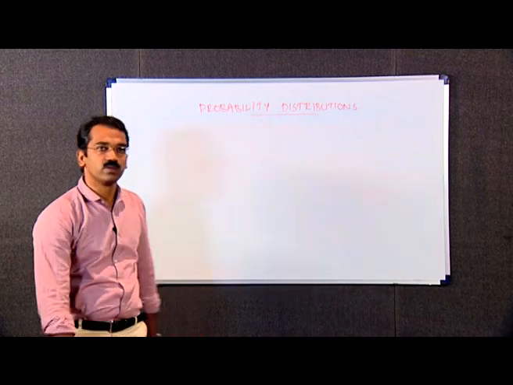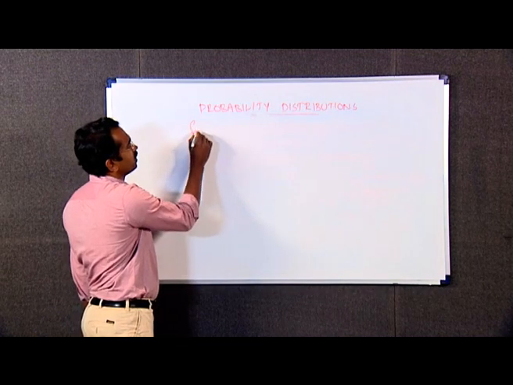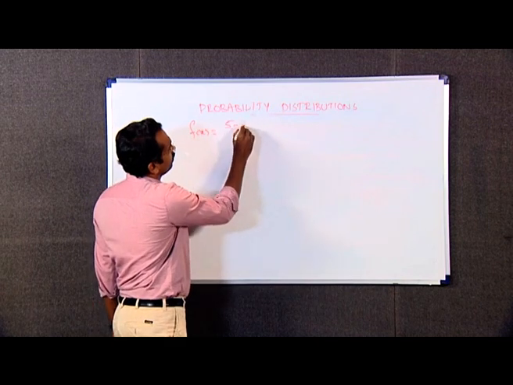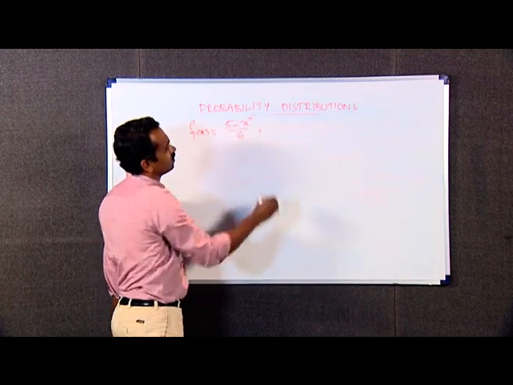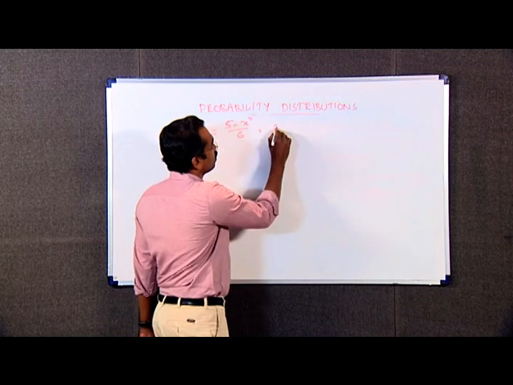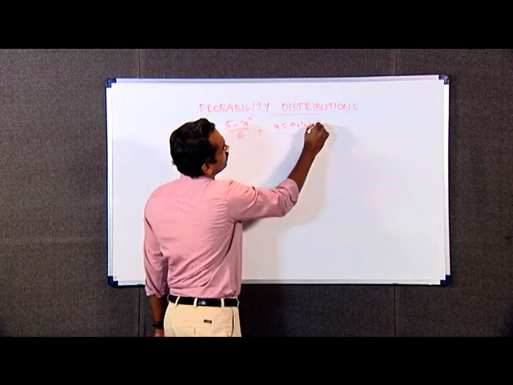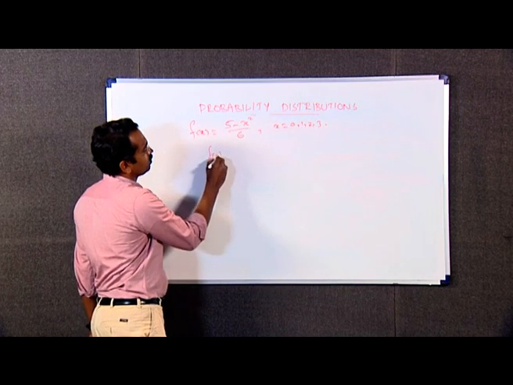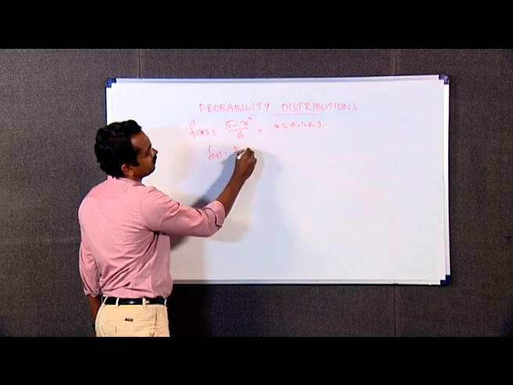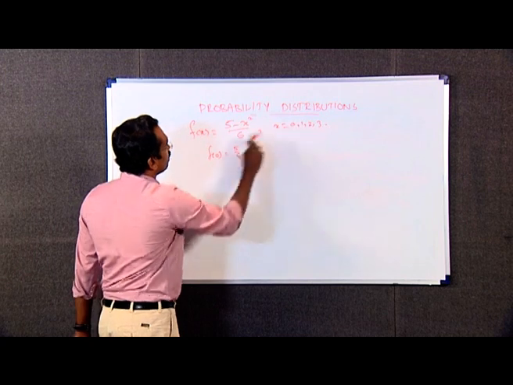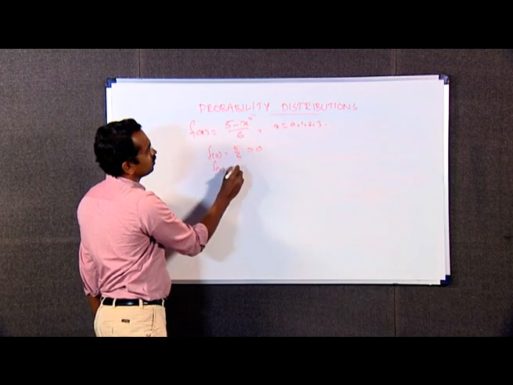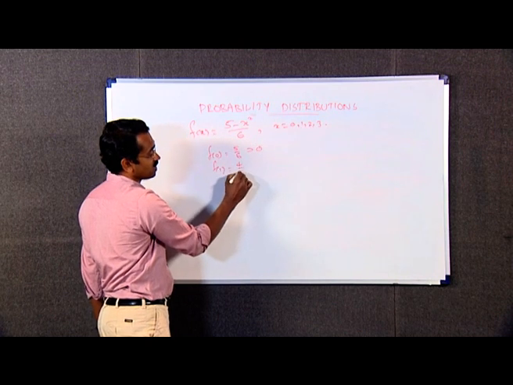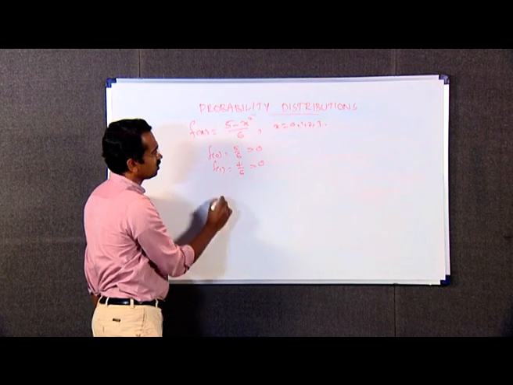For an example, consider the function f of x is equal to 5 minus x square all divided by 6, where x is equal to 0, 1, 2 and 3. Here f of 0 is equal to 5 by 6, which is greater than 0. F of 1 is equal to 5 minus 1 by 6, that is 4 by 6, which is also greater than 0.